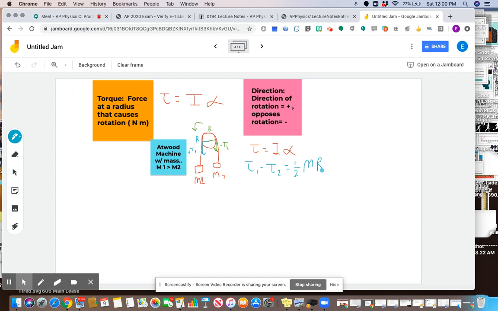Anyone remember what we plug in for alpha? Is it V over R? You're thinking of v squared, tangential velocity squared over the radius. We use that for uniform circular motion.